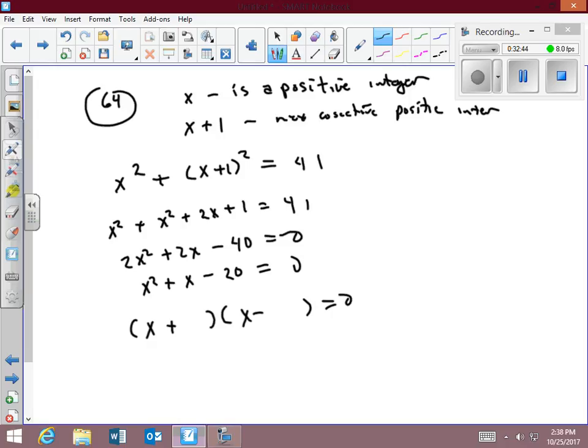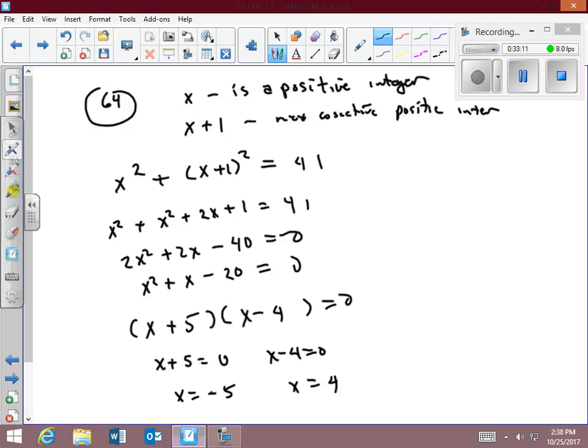Two numbers times itself is 20, whose difference is 1 is what? 4 and 5, and the 5 has to be positive, right? 4 has got to be negative. Now apply the principle. This says x equals minus 5. X equals 4.